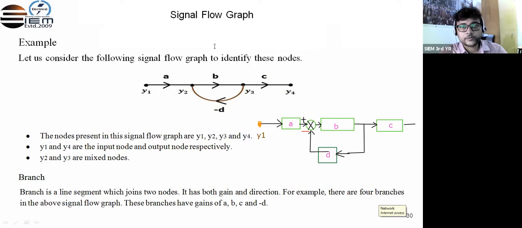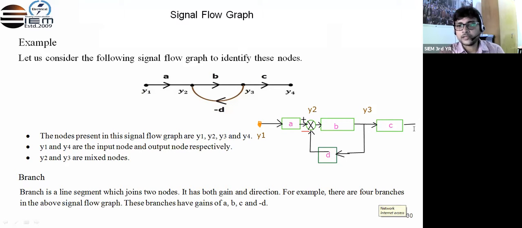Now another one, that is this summing point between the two blocks can be considered as another node, and this one we have considered here as y2. Again between the two blocks there is a join, so here we can consider another node, that is y3.